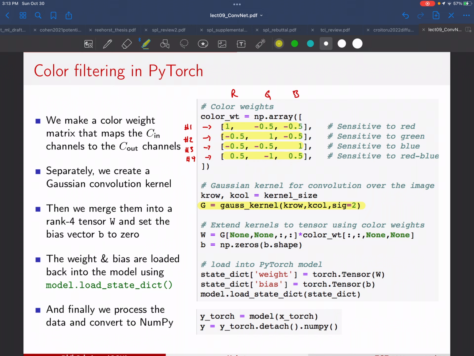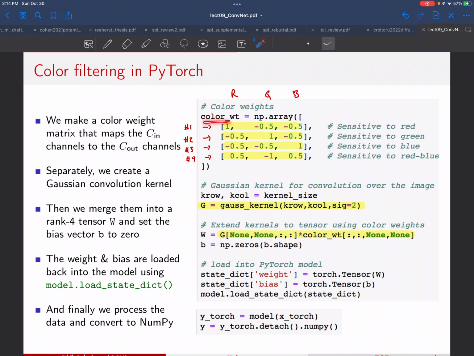And then finally, we merge those two in this command down here to get a four-way tensor. We're going to use PyTorch broadcasting, which we've seen before in different lectures and labs. This is a two-dimensional matrix, and this is a two-dimensional matrix. Let's expand the spatial matrix G into a four-way tensor where the last two dimensions will be the vertical and horizontal, and the first two are empty ones.